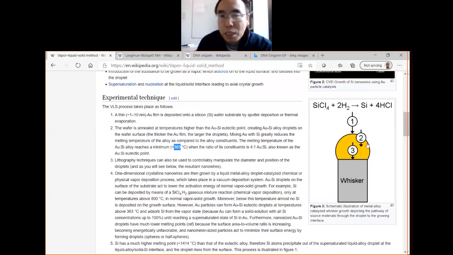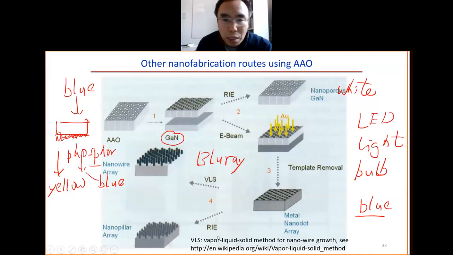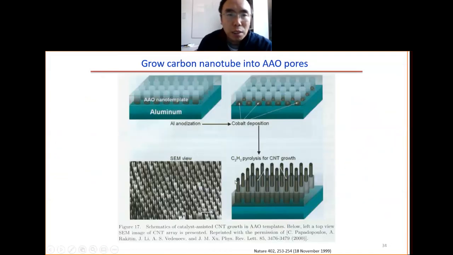That's why you have a liquid droplet at the interface, because this one is the gold silicon alloy. Then you can see here, silicon comes to here, then becomes super saturated, then it will come to this silicon, and it will keep growing. So this is the VLS growth.